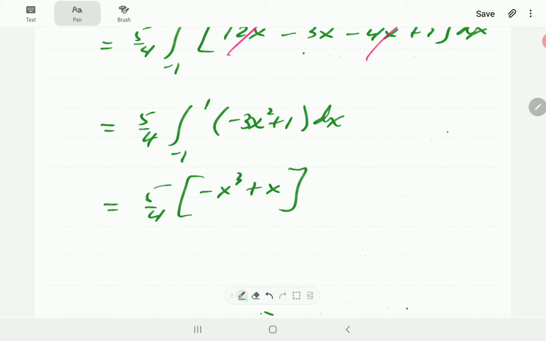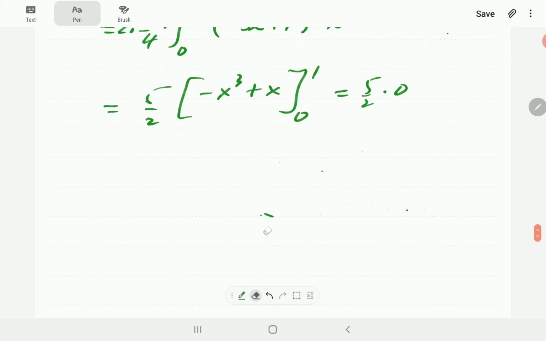Actually, what I'm going to do here, because these terms are even, is integrate from 0 to 1 and multiply by 2. So this is going to be 5/2. Now from 0 to 1, just the contribution from 1 is important, and you can see that that is going to be 0.